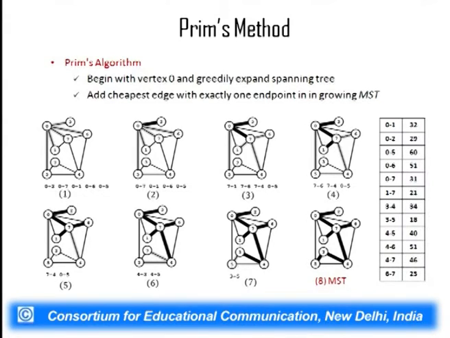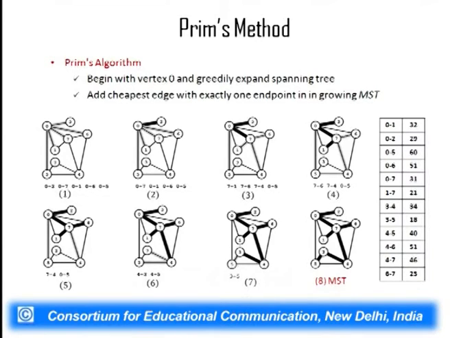In the first example, what are the different possibilities? If we are starting from node 0, there are 0 to 2, 0 to 6, 0 to 7, these are all connectivities associated with node 0. So, which is to be taken? It is 0 to 2, because among all the 5 possibilities, 0 to 2 is giving you the minimum value.